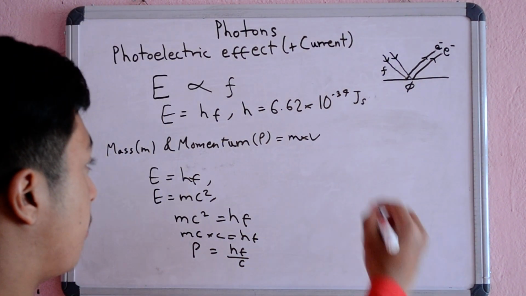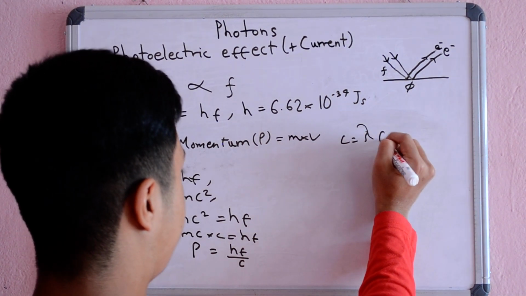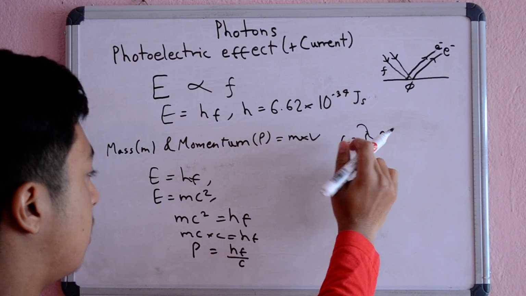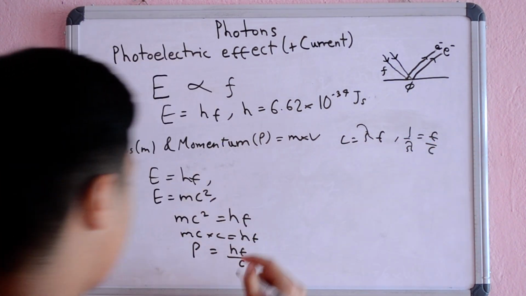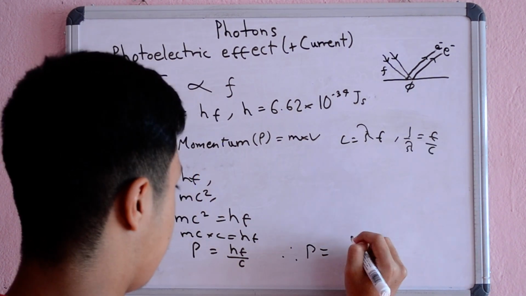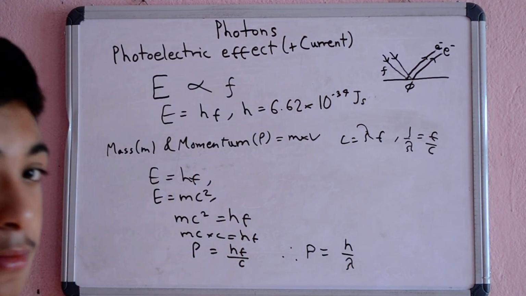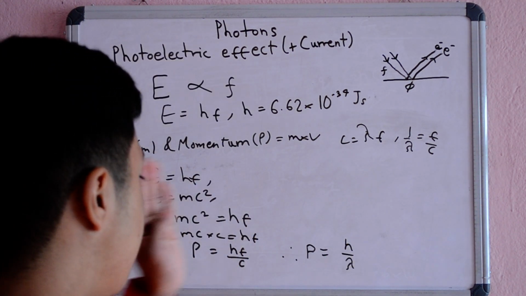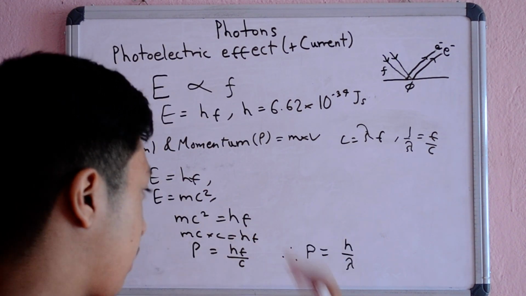From the wave motion we know that c equals lambda f, so 1 by lambda equals f by c. Overall we get that momentum equals h by lambda. This is the relation between the momentum of the radiation and Planck's constant.